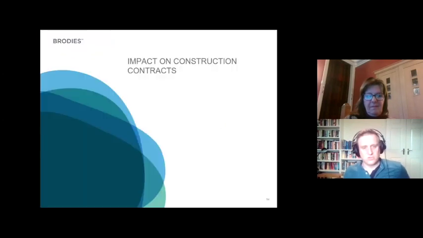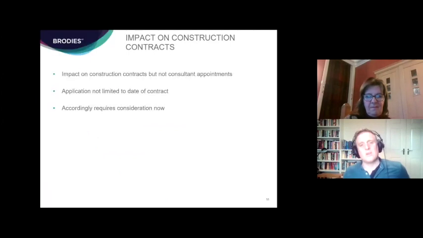In terms of construction contracts, this will impact some development contracts, except where they're with an end user, but they won't impact on contracts with consultants like the architects and the engineers. Those will still just stay in normal VAT.